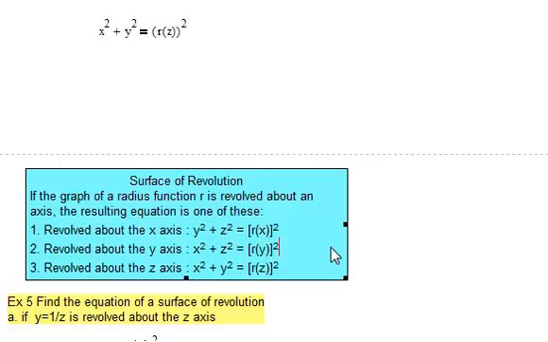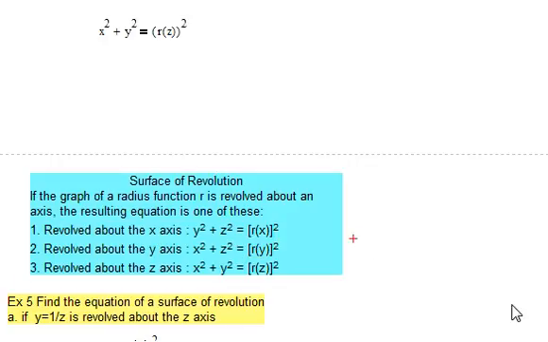Now, what is r of y? That depends on the equation in two dimensions. And revolved about the z-axis, then x squared plus y squared equals r of z squared.